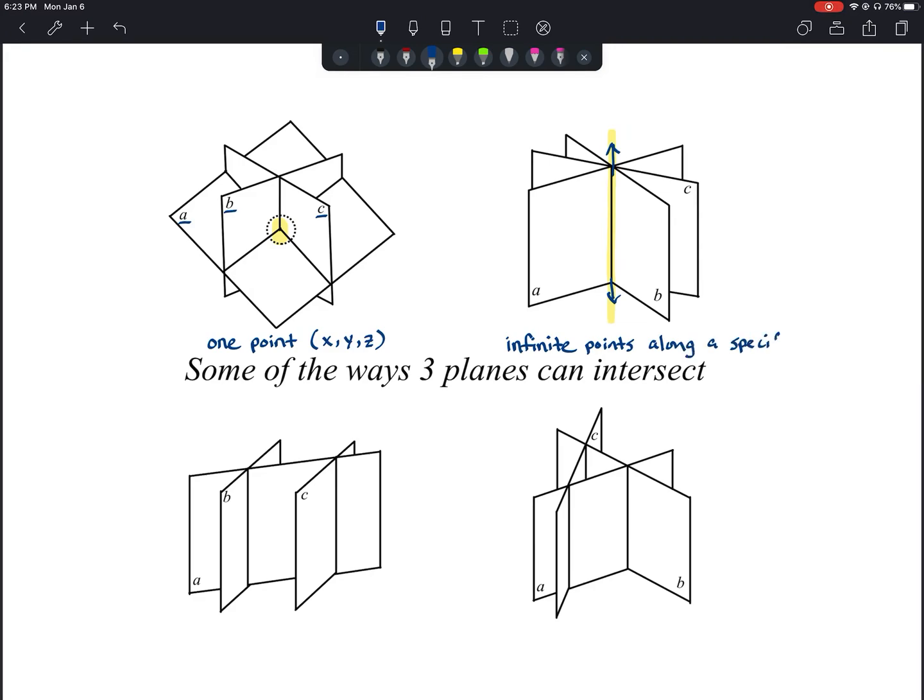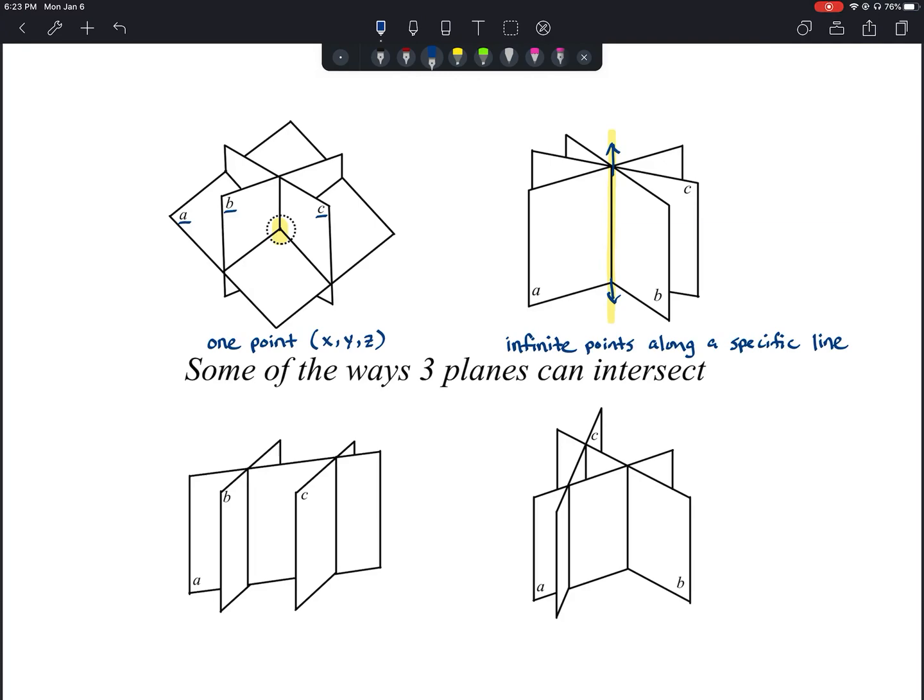And because we don't really have any coordinates on these illustrations, we don't have to give the specific equation for the line. But sometimes when you're working through it, you will need to do that. So we have an infinite number of points along a specific line.